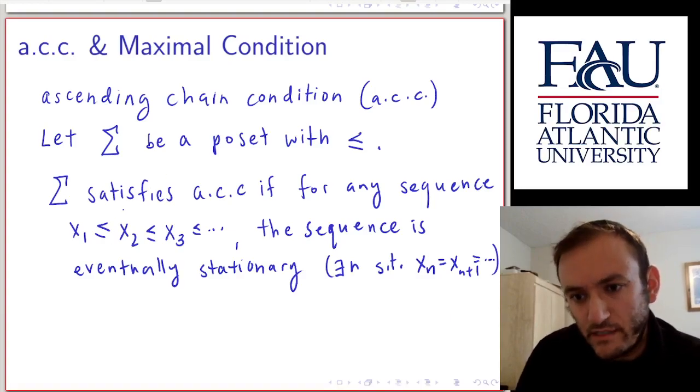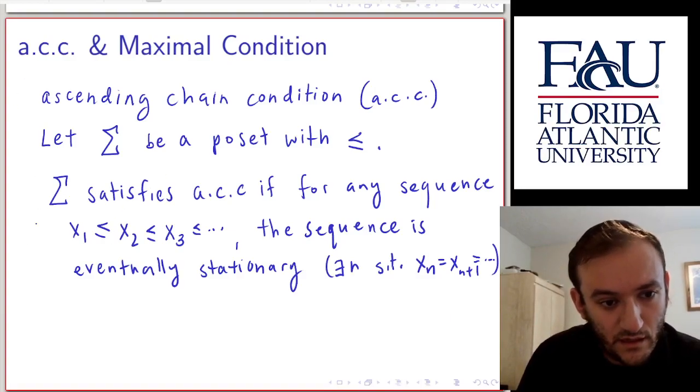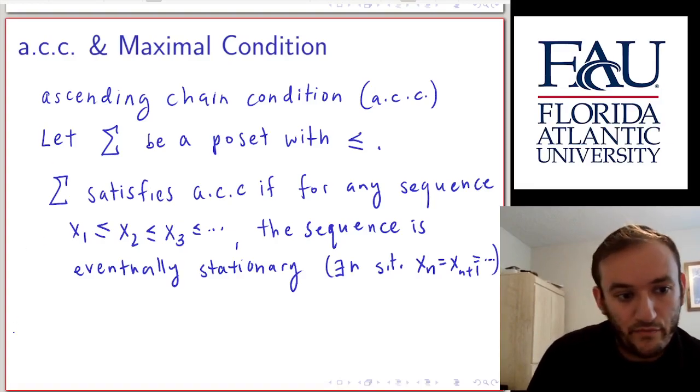You might also say the sequence stabilizes. All right, so this is called the ascending chain condition.